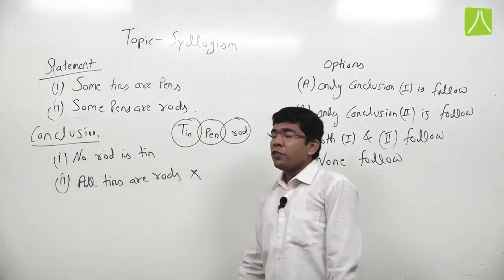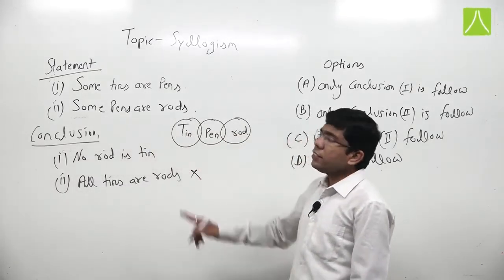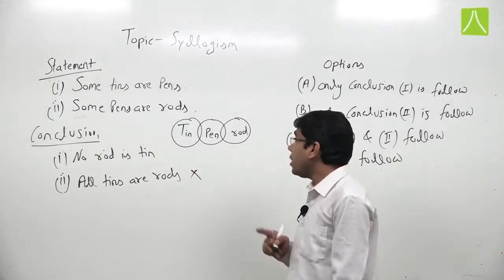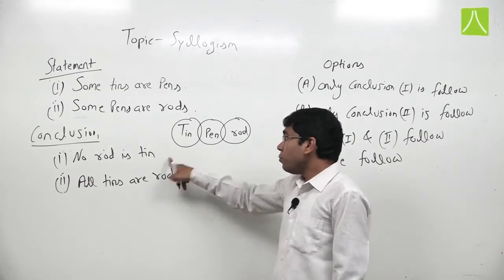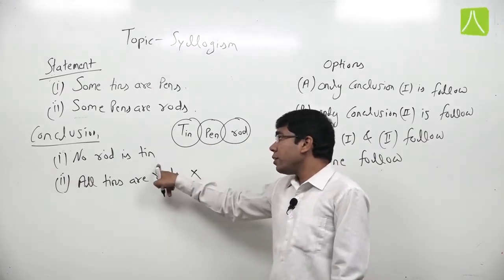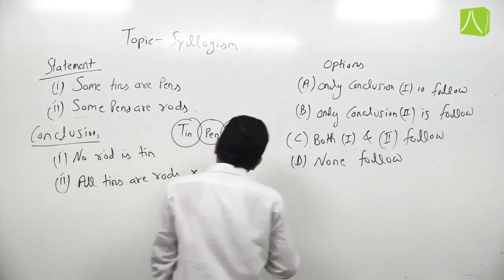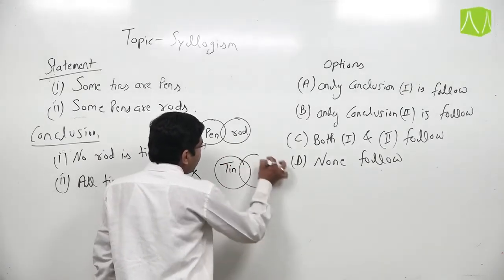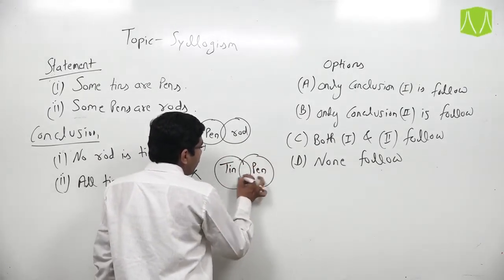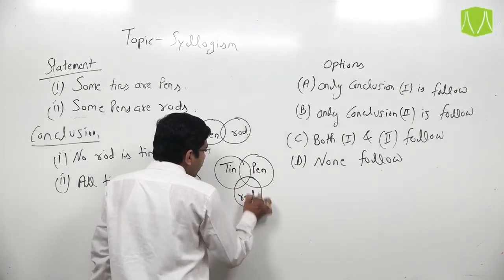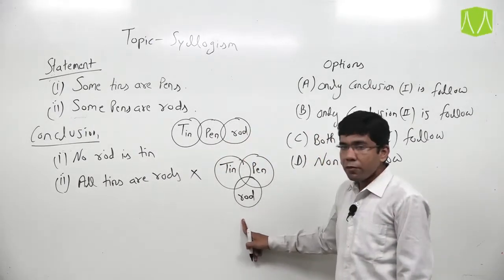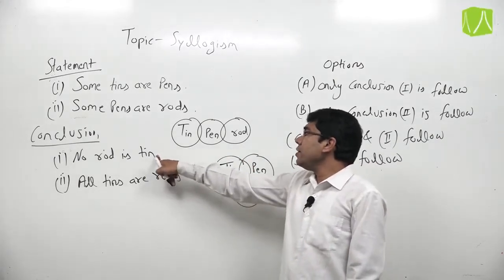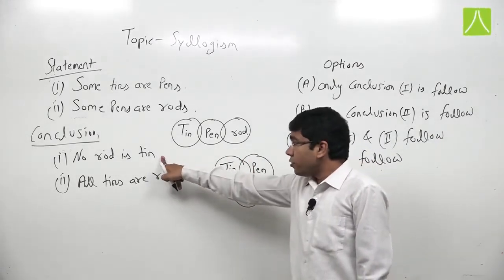For the first conclusion, no road is tin, it is a negative conclusion. So we have to draw the alternate diagram also, because from this basic diagram this conclusion is correct. But when we draw the alternate diagram, this statement can be made by this diagram also. By the alternate diagram we can say this conclusion is wrong.